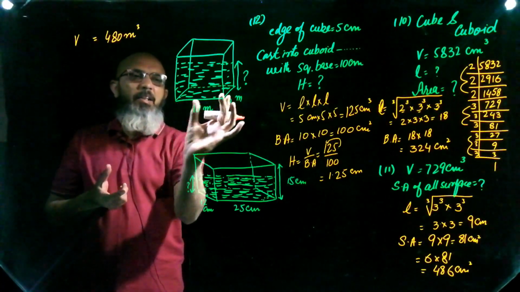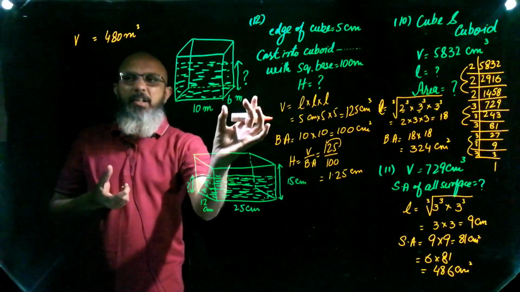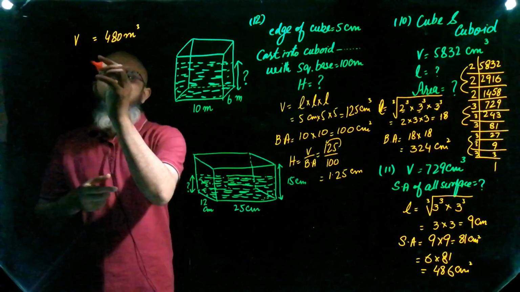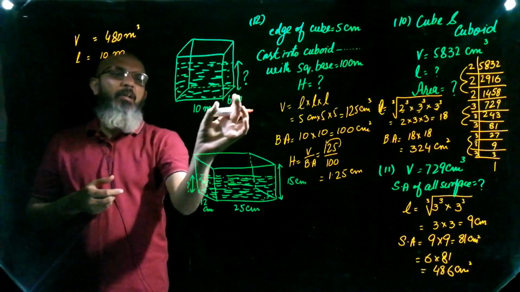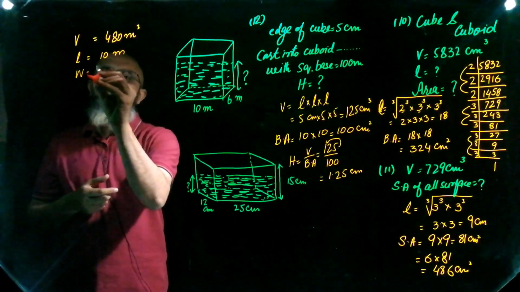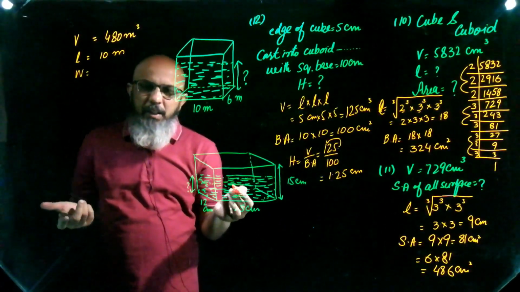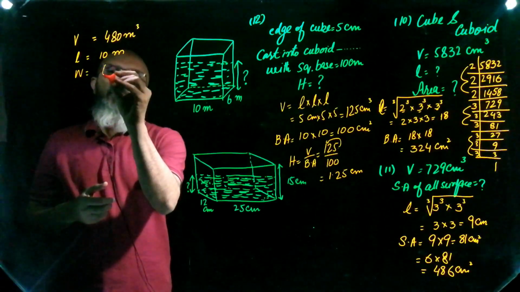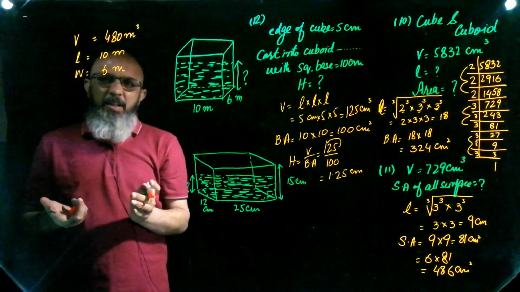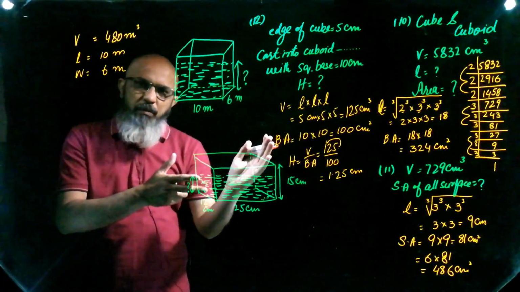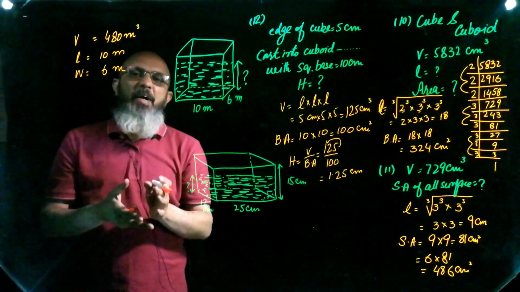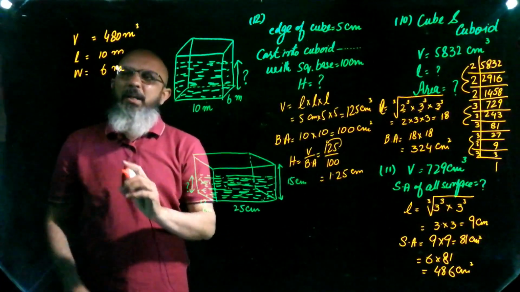What is the length and width of the container? That remains the same. Means length is equal to 10 meter and width, or you can say breadth, is 6 meter. So it's very easy: two values are given to you and you have to find the third unknown value. Simply volume divided by the two known sides.